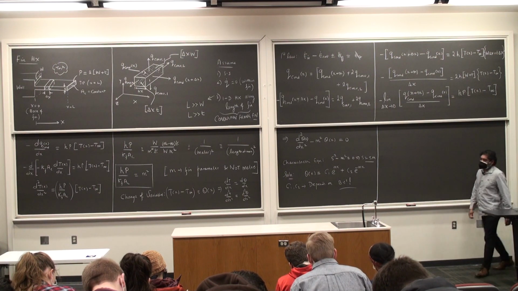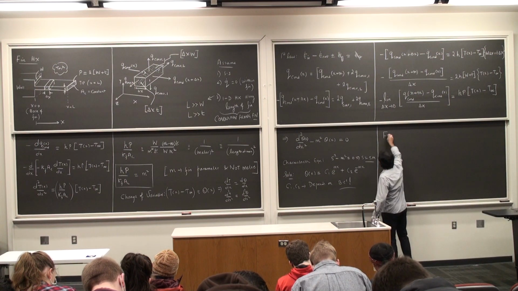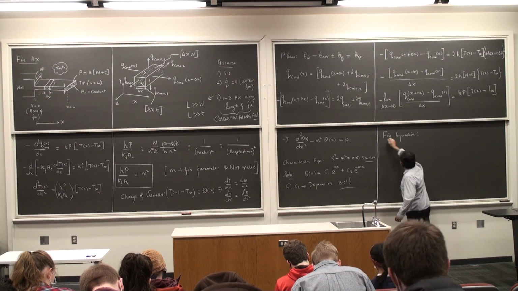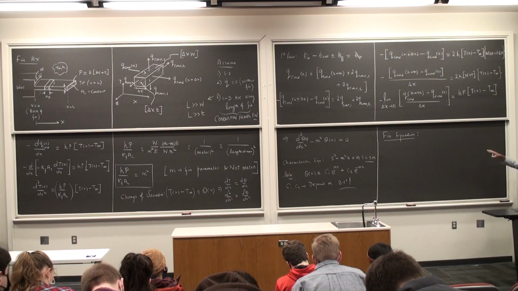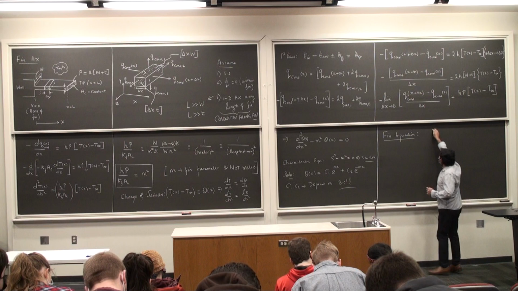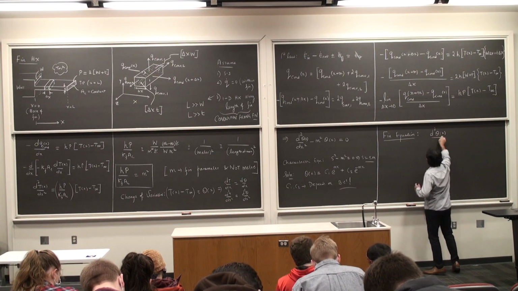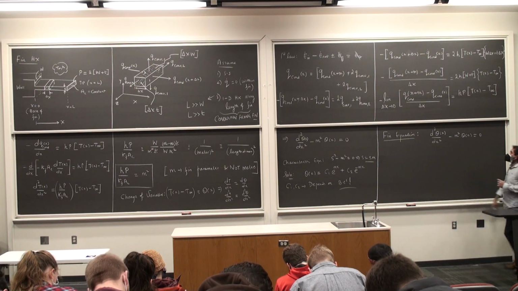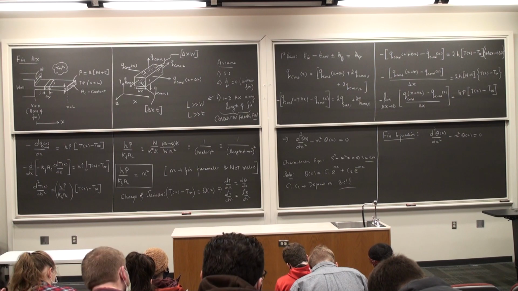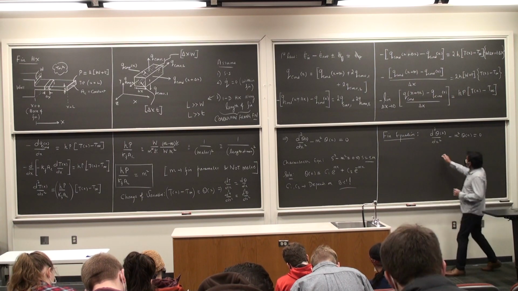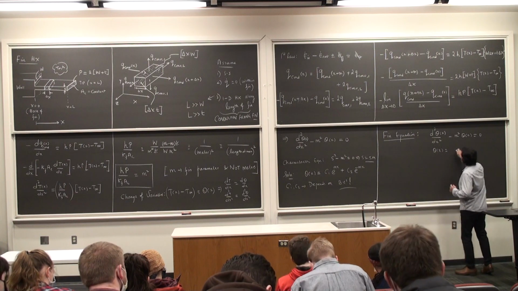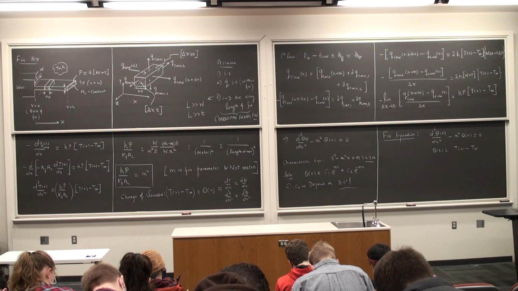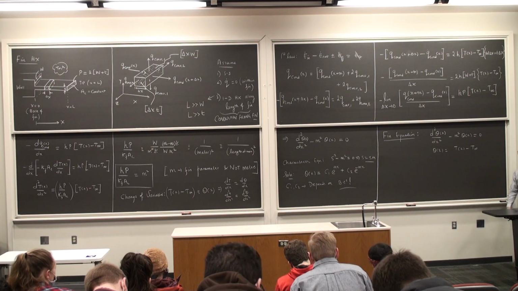All right. So fin equation. The summary. Okay, I'm just going to recap that on this particular panel. The fin equation is d square theta by dx square minus m square theta of x is 0, where theta is the following: T of x minus T infinity. This is just a change of variables, just to make the writing easier.